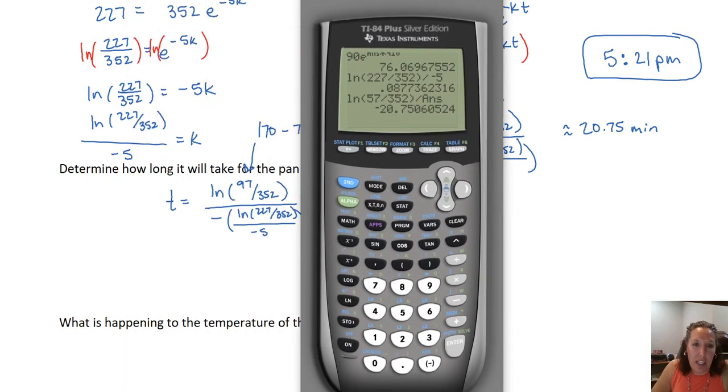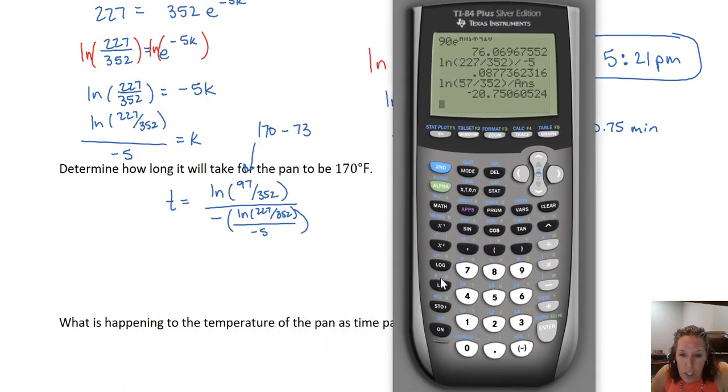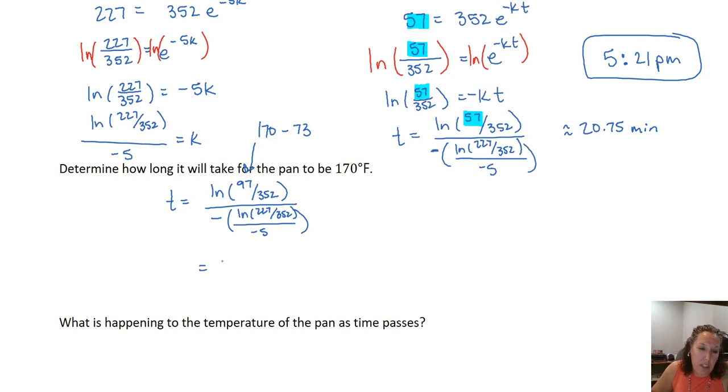So if we plug that in the calculator, we get the natural log of 97 over 352 divided by a negative version of our K value of 0.08. And we get 14.69 minutes.